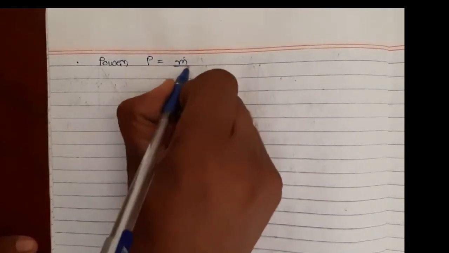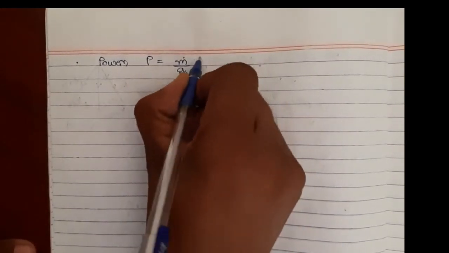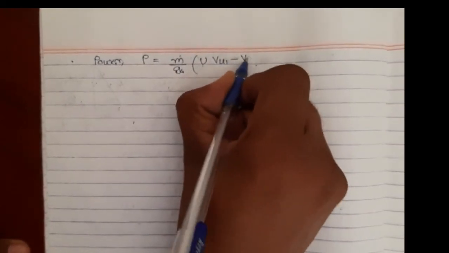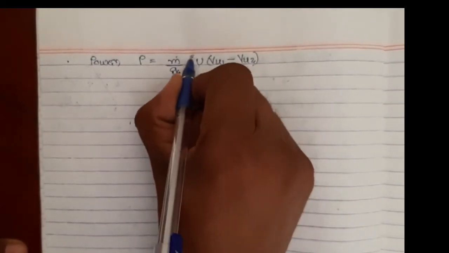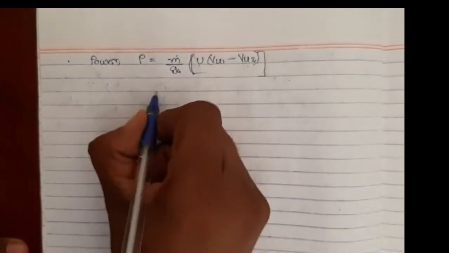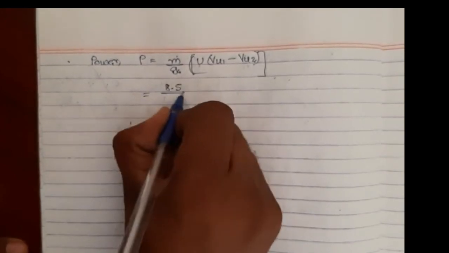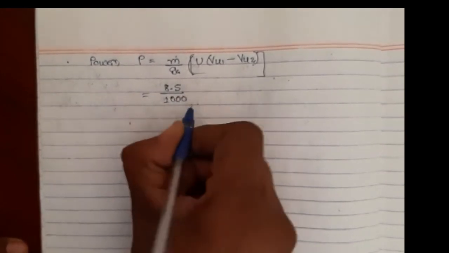Power P is equal to M dash by Gc into U into VU1 minus VU2. This we are clear about now because we decided by the direction of V1 and VU2. Mass flow rate is given as 8.5 kg per second divided by Gc.